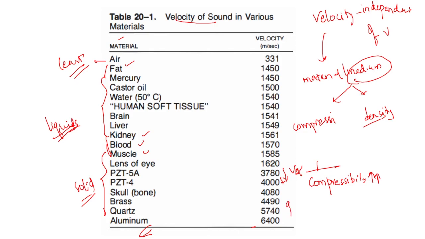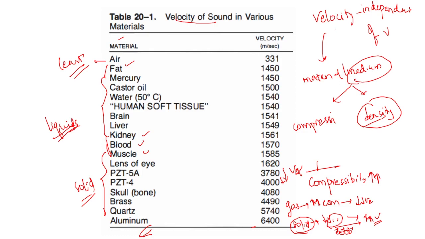So gases are more compressible, so as a result, they have less velocity, whereas solids are less compressible, so they have more velocity. The explanation is that solids are closer to each other, so they can distort the neighbors very easily, so that the sound can propagate.